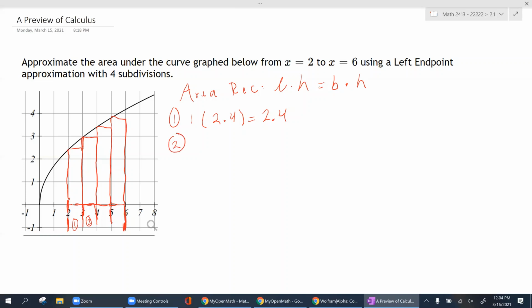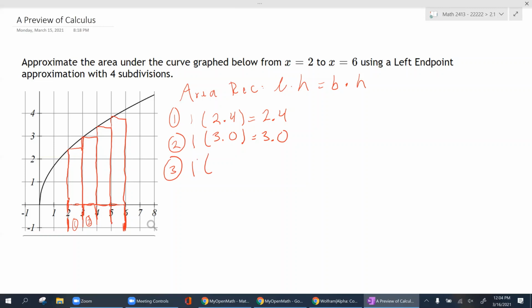For the second one, again, my base is just 1, and my height is about, not 3 exactly. You know what, I'll say 3. That's pretty close to 3. It's a little bit under, but we'll guesstimate. There is going to be room for error. It doesn't have to be precise, but you have to be pretty close.